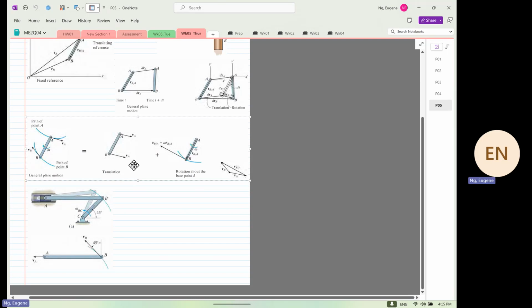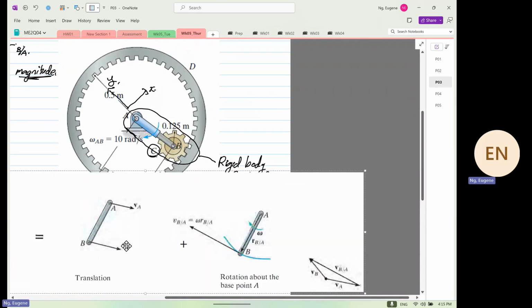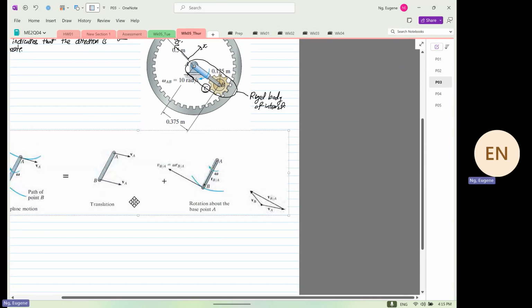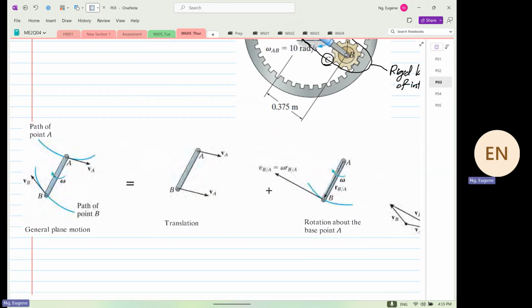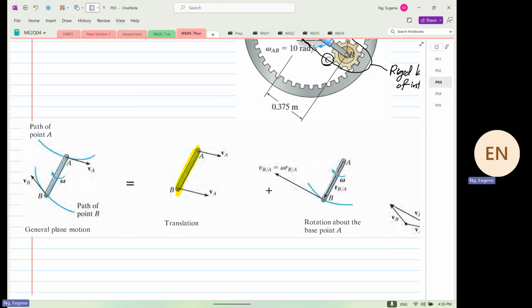So to end, if we look at this diagram, you can see that this is the rod where we want to determine the velocity at point B. What we do first, highlighted in yellow, is let point A and point B move in translation with VA.